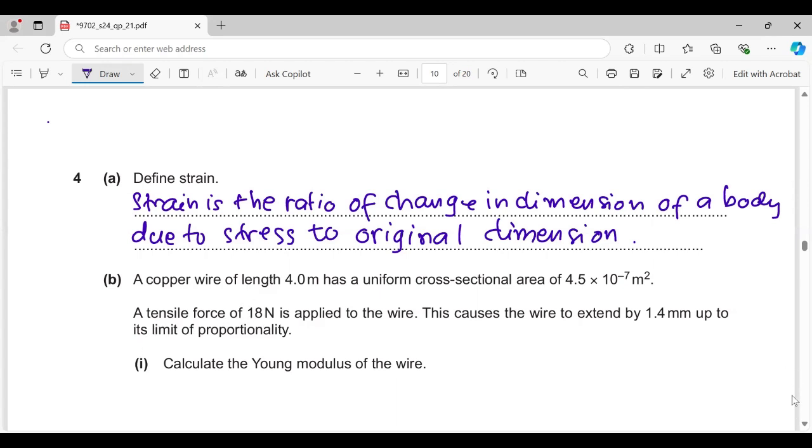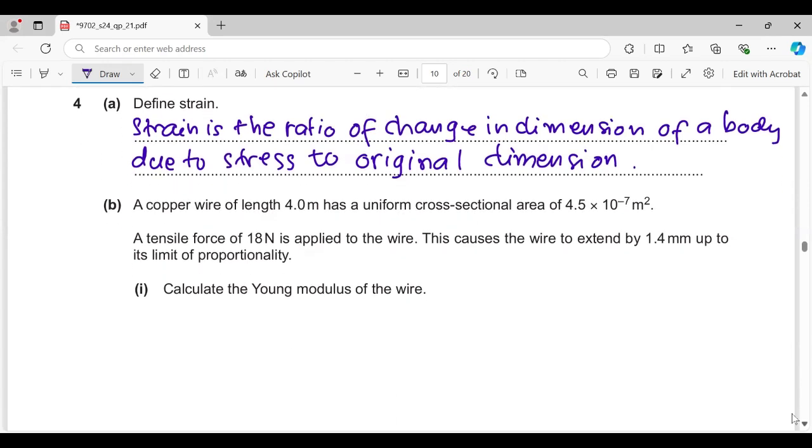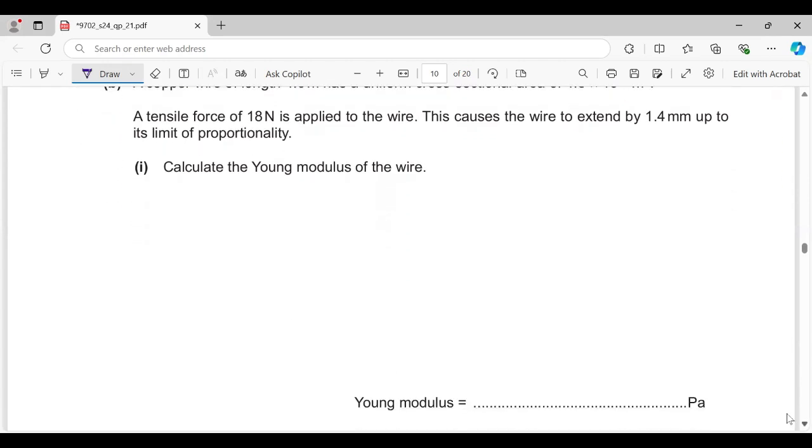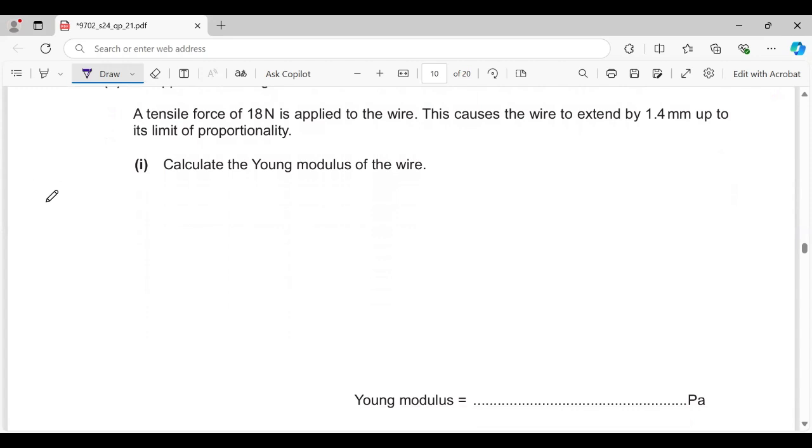Calculate the Young modulus of the wire. Right. I would like to calculate stress first because we can calculate Young modulus through stress over strain, right?